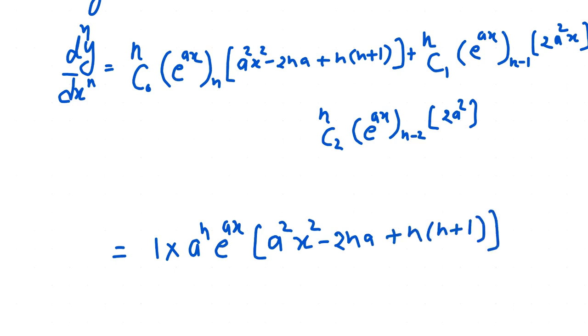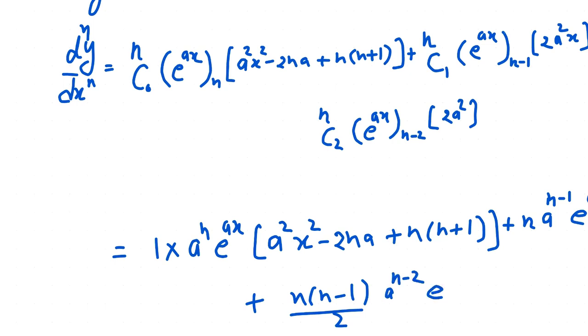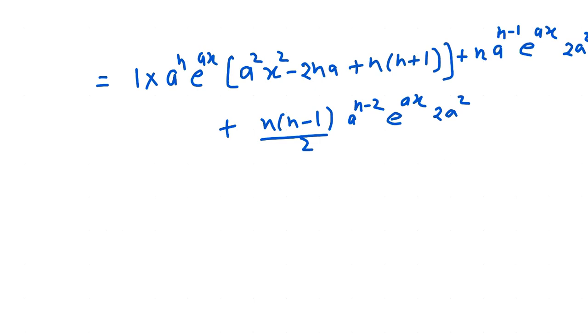Then nC1 is n, and a to the power n minus 1, because we are differentiating n minus 1 times, and e to the power ax into 2a square into x, and plus nC2 is n into n minus 1 over 2, and the n minus 2th derivative of e to the power ax, that is a to the power n minus 2 into e to the power ax into 2a square. You got it? Good.